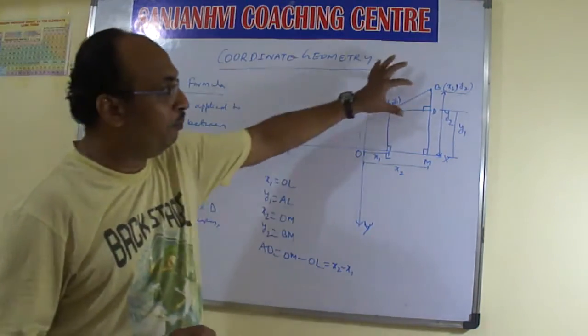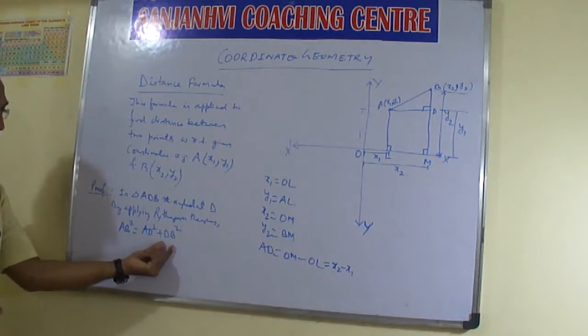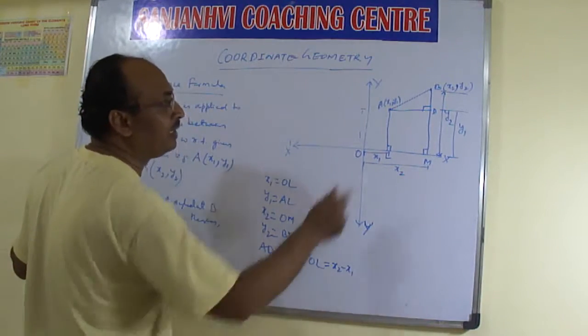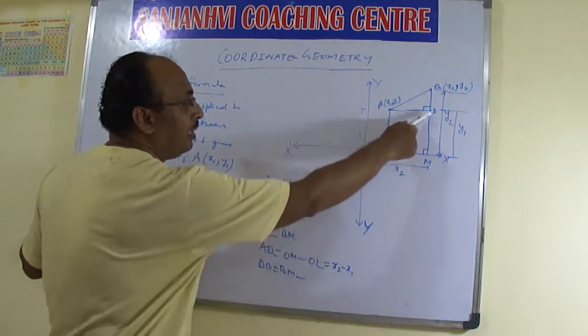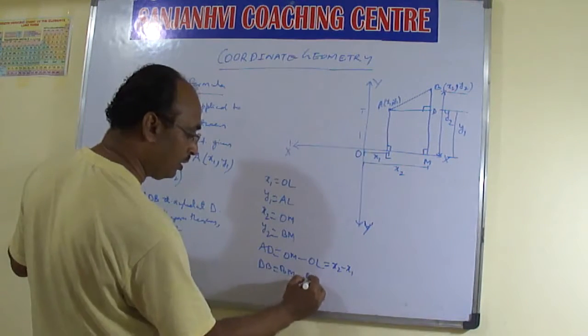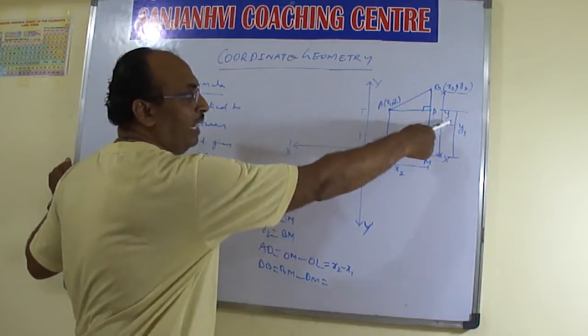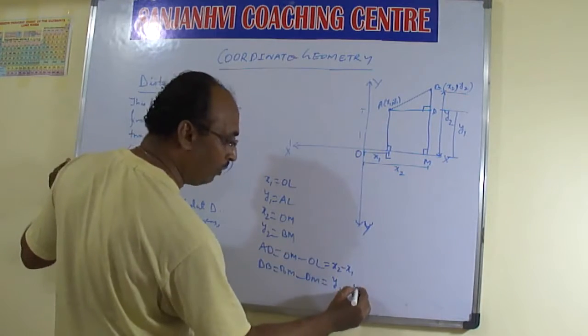Similarly, we need to find BD. DB is equal to BM minus DM. BM is y2, and DM is y1.